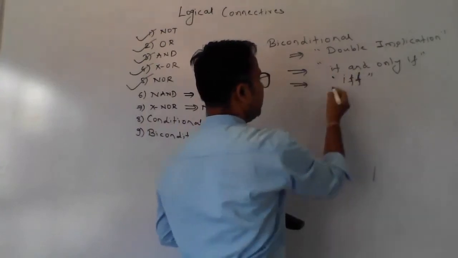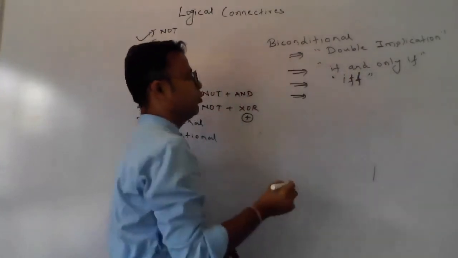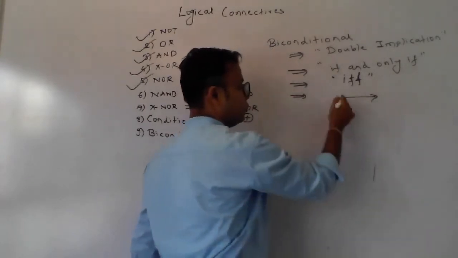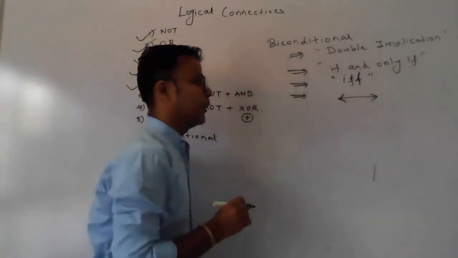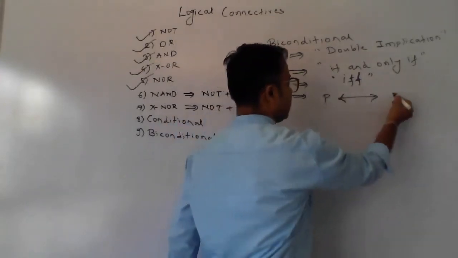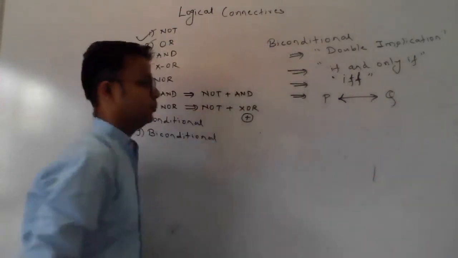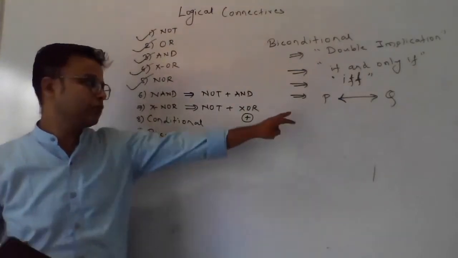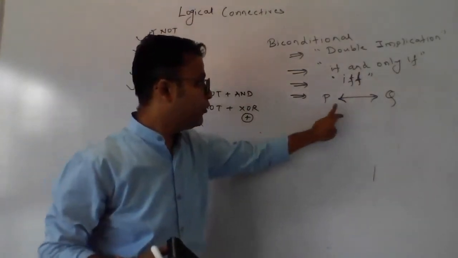And for double implication, the mathematical symbol used is a double-headed arrow. This is the arrow that is used to denote the double implication. So if you have two statements P and Q, then their double implication is like P double implies Q, or P if and only if Q.